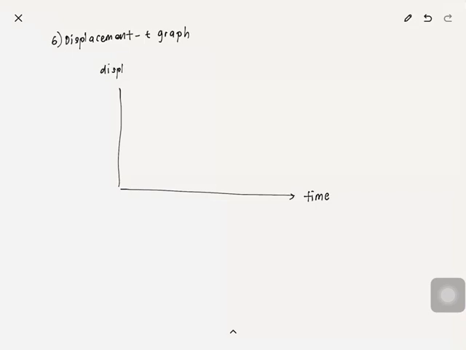And next, we are going to be looking at the displacement time graph. So the displacement time graph will look something like this, and of course on the x-axis is the time, and the y-axis is the displacement.